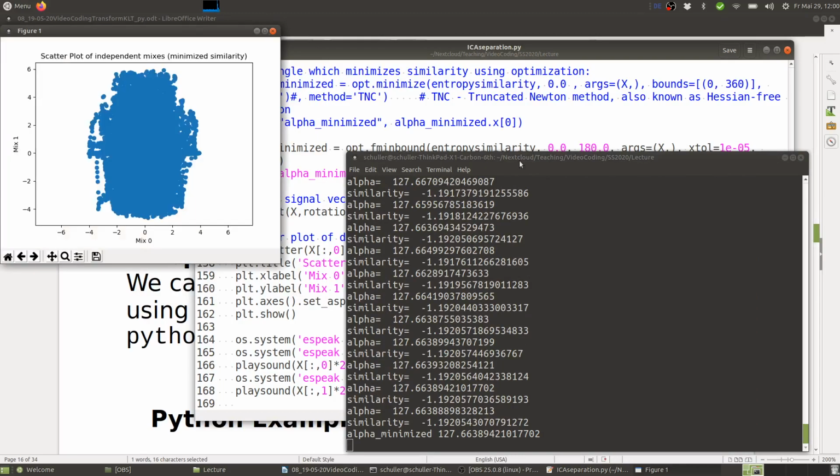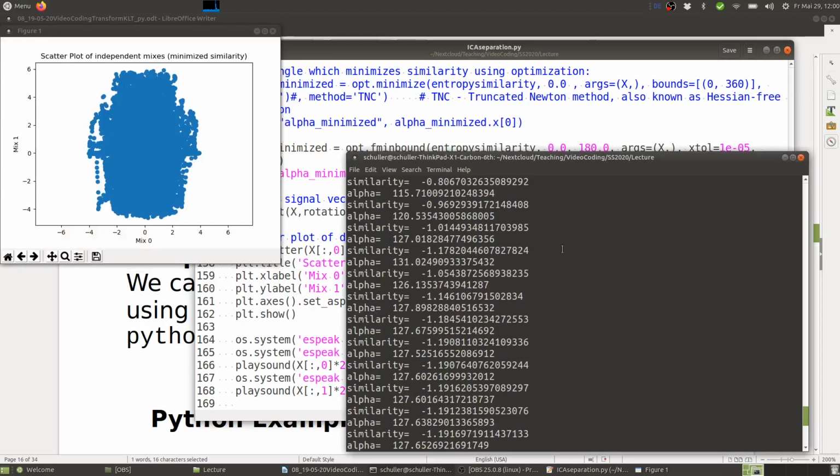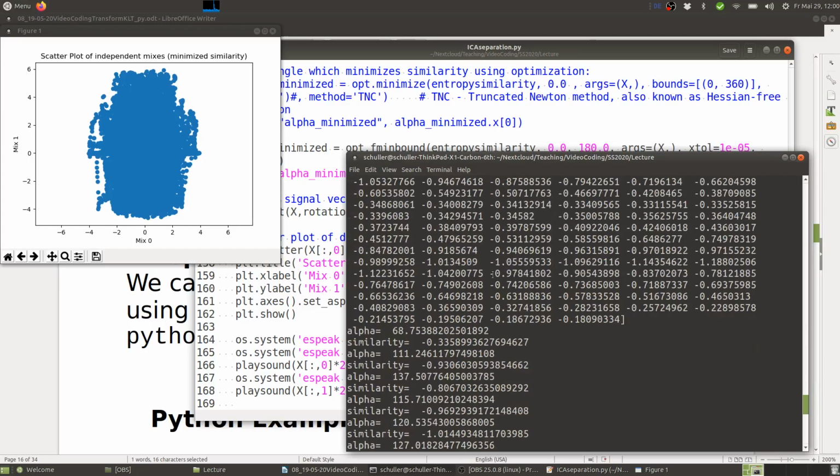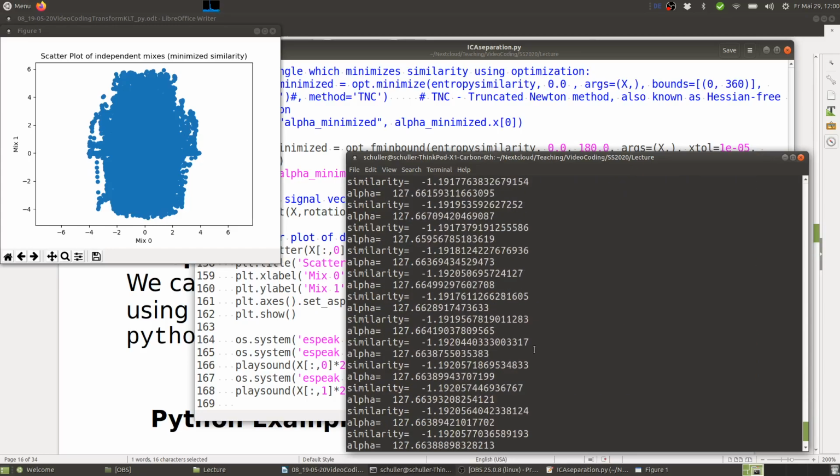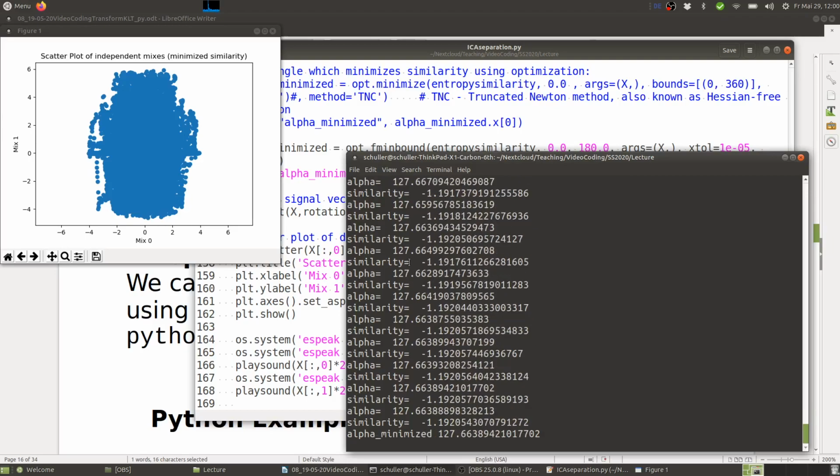So this is now the numerical optimization. Right, here you can see, here I started the numerical optimization. And you can see it iteratively refined this minimum.